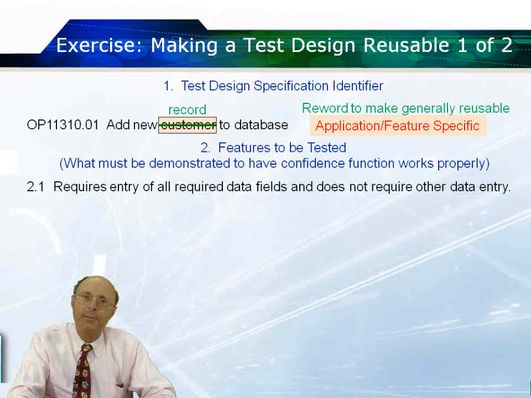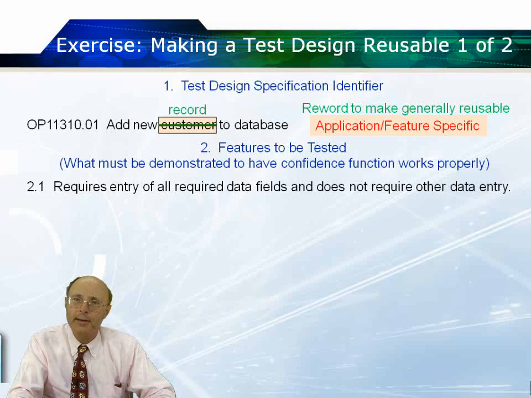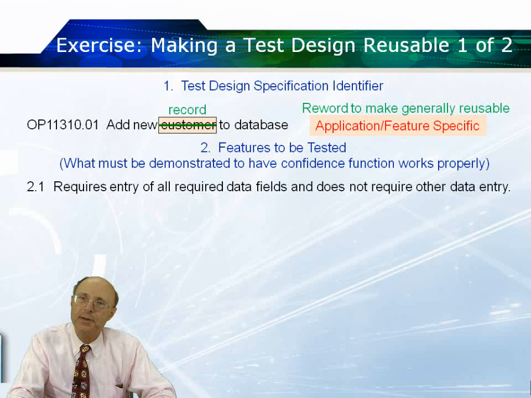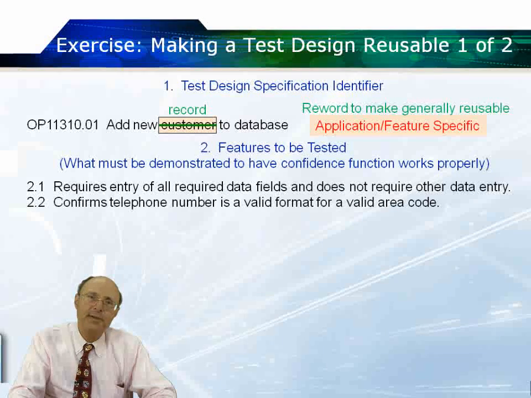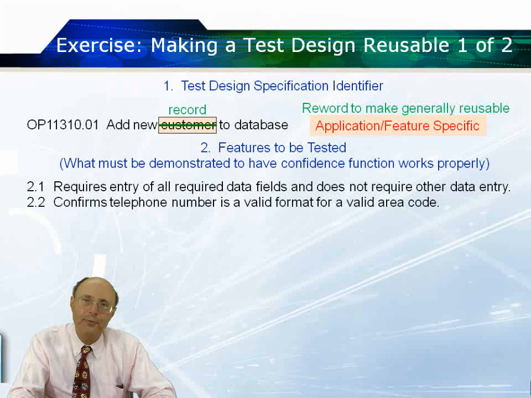Similarly, on the features to be tested, "requires entry of all required data fields and does not require other data entry." Is that application specific or generally reusable? It's generally reusable. "Confirms the telephone number is a valid format for a valid area code."